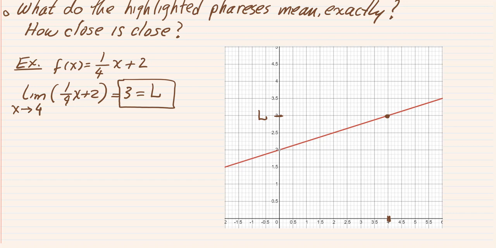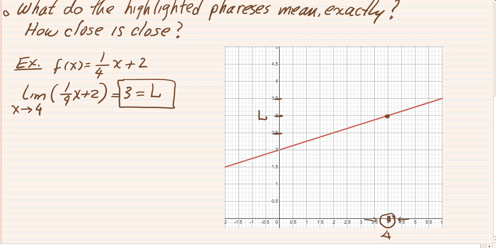How close? And if you look at the graph, what I'm doing now is this. This is where 4 is, right? I want to know how close I should get to 4 in order to be within half a unit of L. Within half a unit of L means 0.5 less than 3 makes 2.5, and 0.5 more than 3 gives you 3.5.